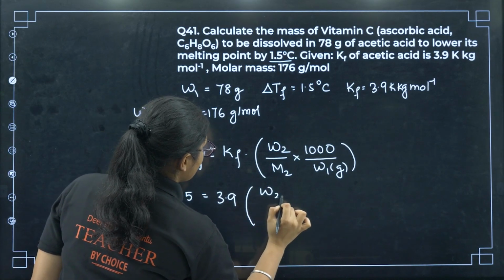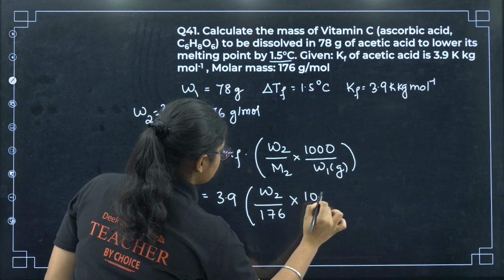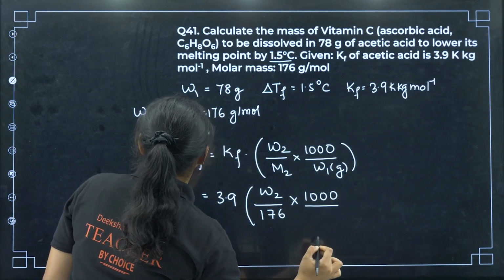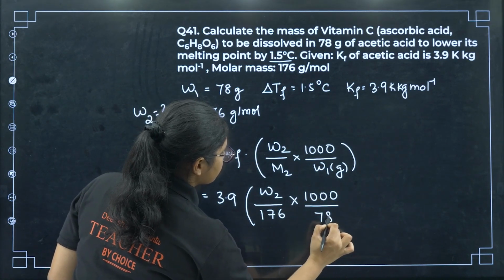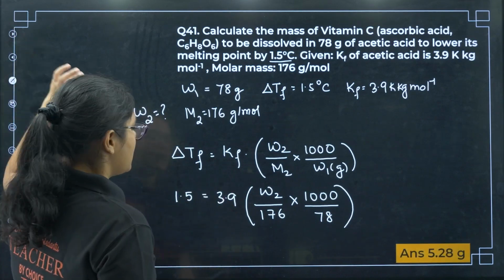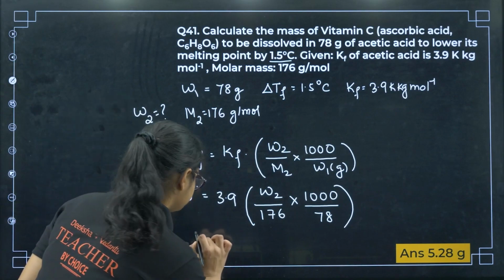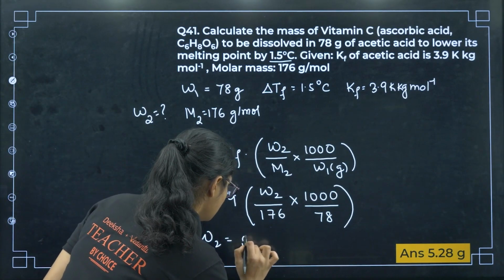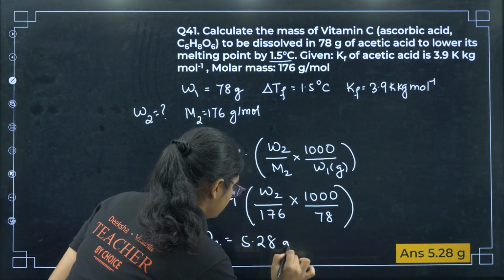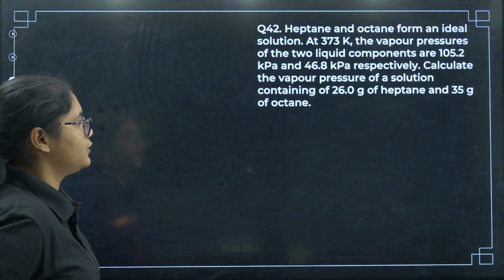W2 I have to find out, M2 is 176, into 1000, W1 is 78. Now if I solve this and find the value of W2, I will get 5.28 gram. So you have to write down here W2 is 5.28 gram. Clear? Next, question number 42.